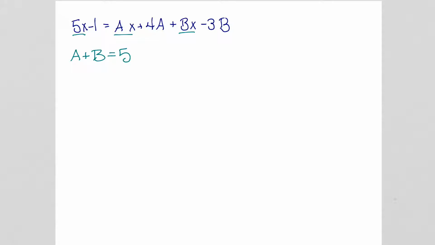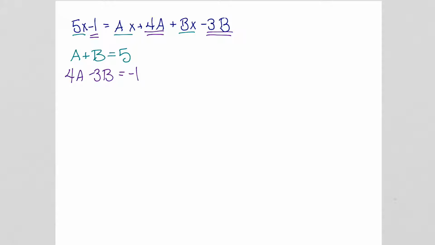We don't bring the x's down with it. Then, everything that doesn't have an x, all my constants, will come down. So we have 4A minus 3B equals negative 1.